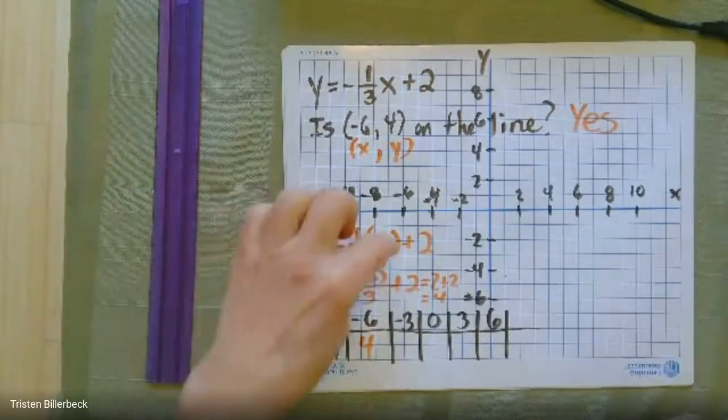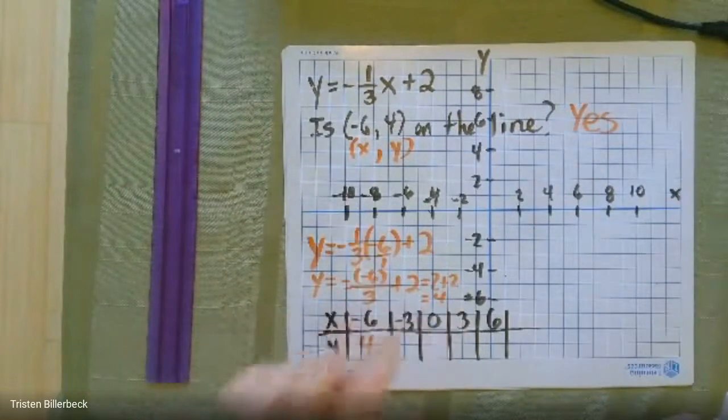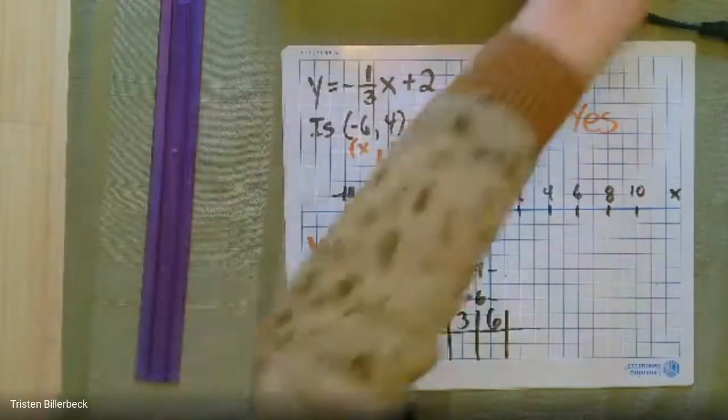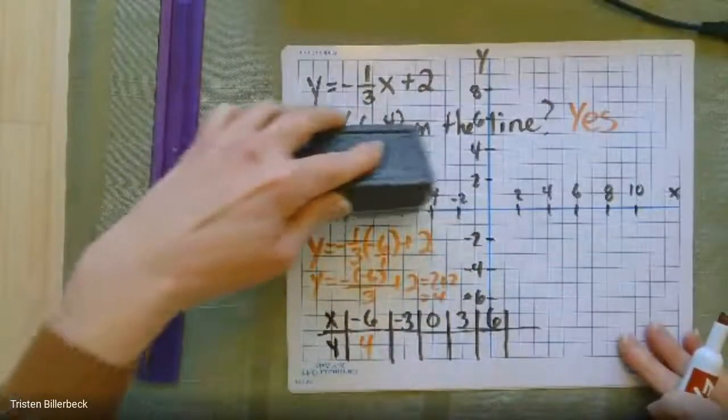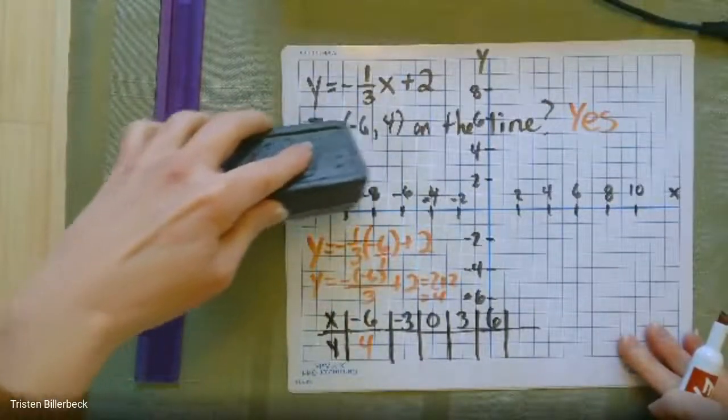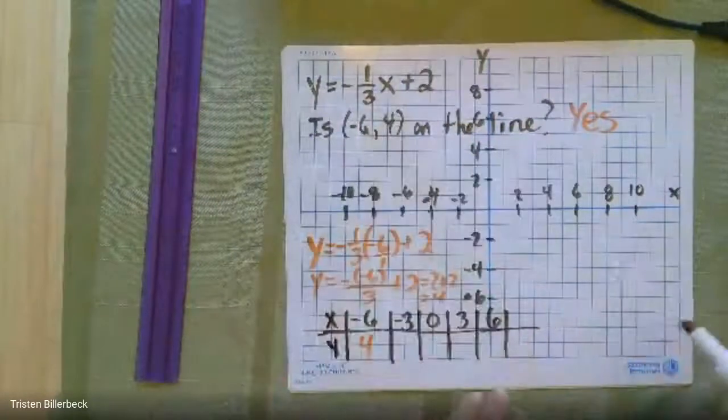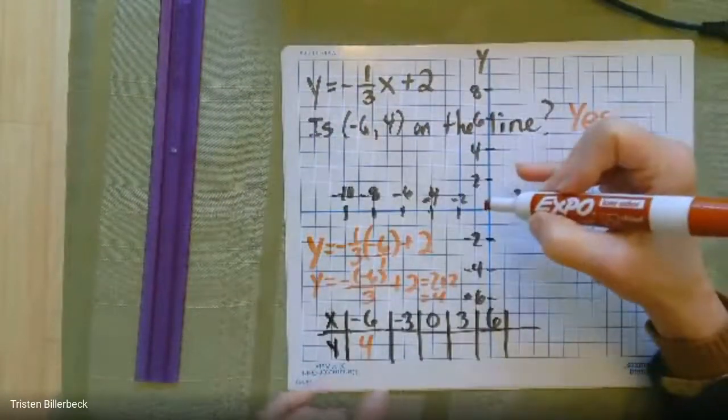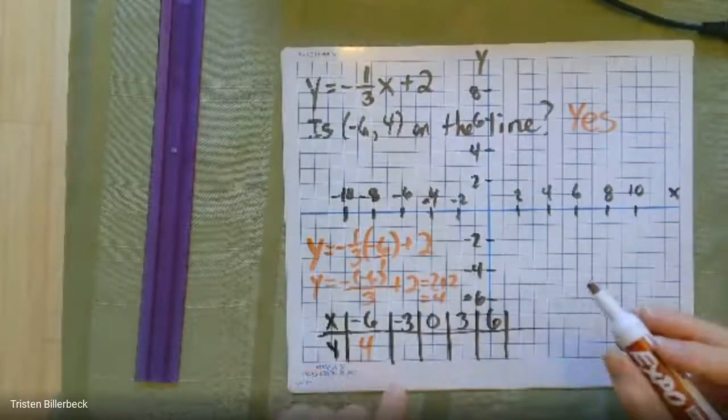When I put it into the equation, y equals 4. So that's the correct way to figure it out. You can also start plotting it, and then it should go through the line. So we have one point there.